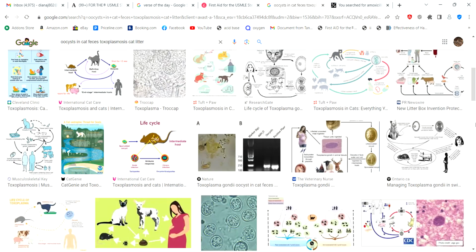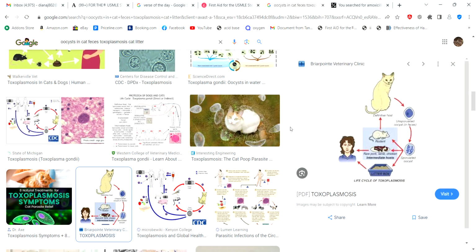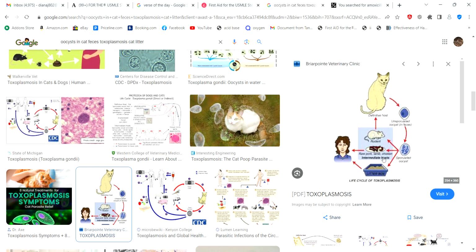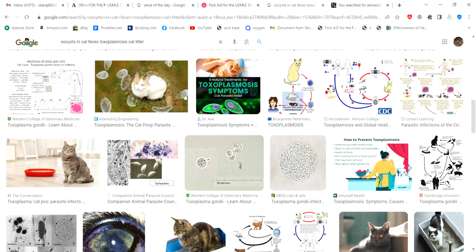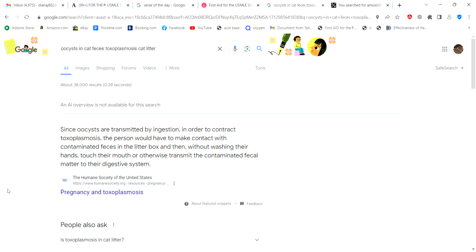Okay, so I don't know if the lady inhales it or ingests the eggs that are floating around. Oocysts are transmitted by ingestion. In order to contact a toxo, the person would have to make contact with contaminated feces in the litter box and then, with an unwashed hand, touch their mouth, or otherwise transmit the contaminated fecal matter to their digestive system.